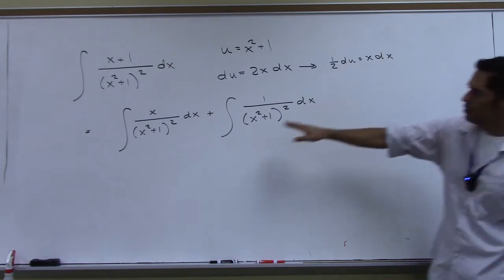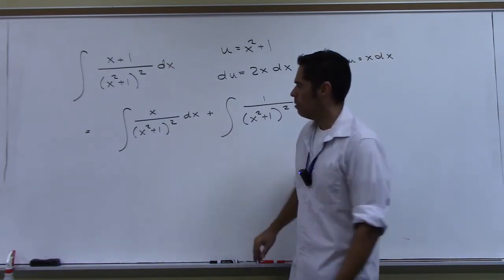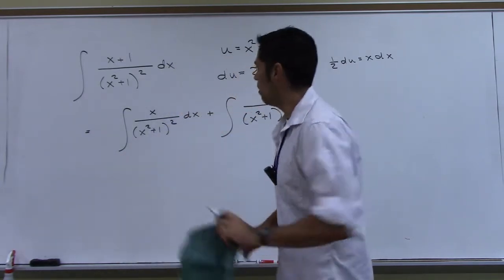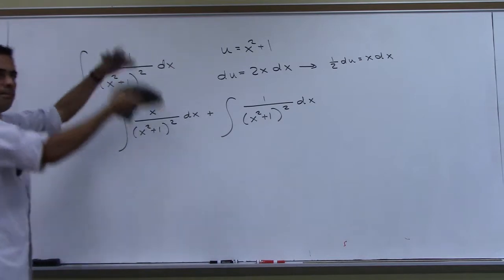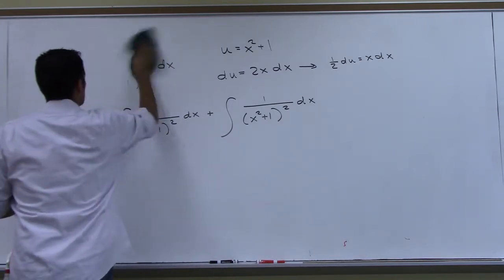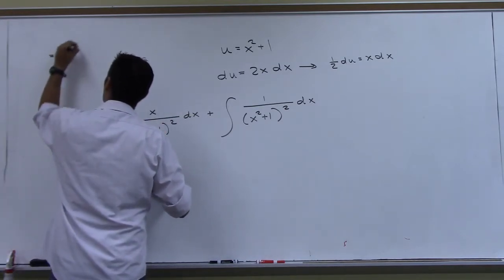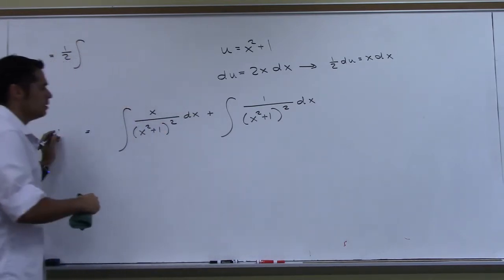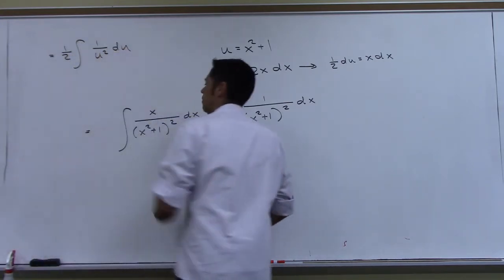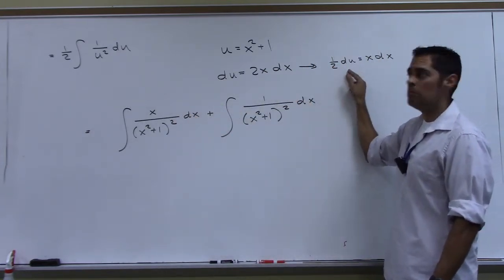So how would this first integral be rewritten? What would this first integral be? 1 over 2 on the outside. I'm going to keep going up here because people can't really see down here very well. So this one becomes, you said, 1/2 integral 1 over u squared du, because x dx is 1/2 du.